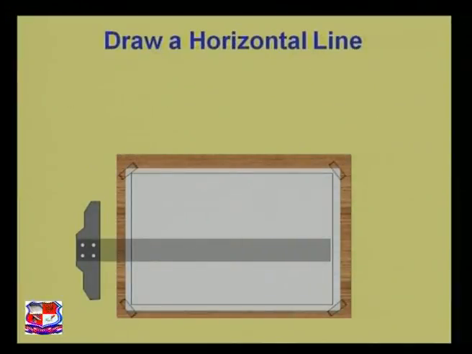Now, a very important parameter: how to use the T-square on the drawing board. When I want to draw a horizontal line, how can I draw it? A few minutes back, we discussed that the T-square can be used to draw the horizontal line.